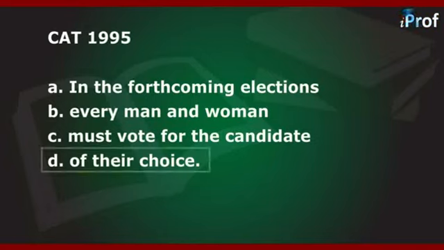The word their just does not fit. Okay, what would be the correct sentence? Easy. It should read, in the forthcoming elections, every man and woman must vote for the candidate of his or her choice.